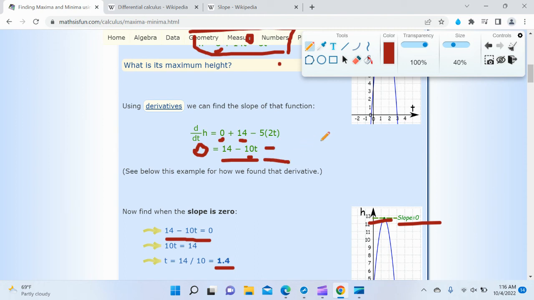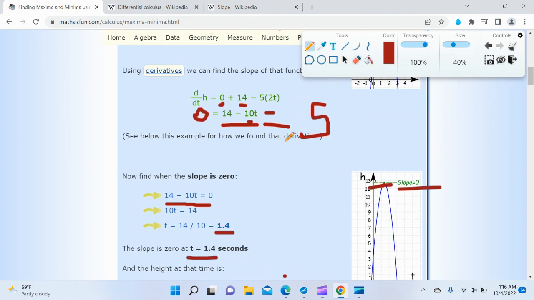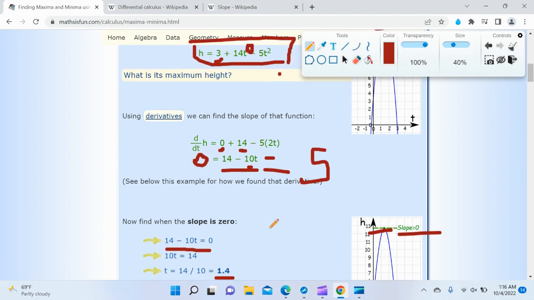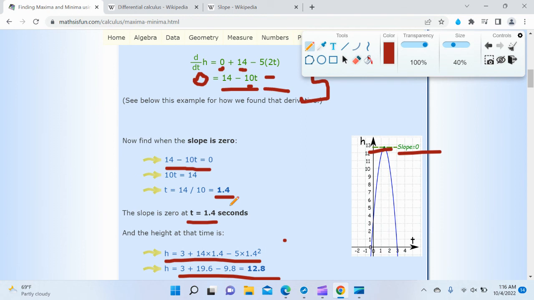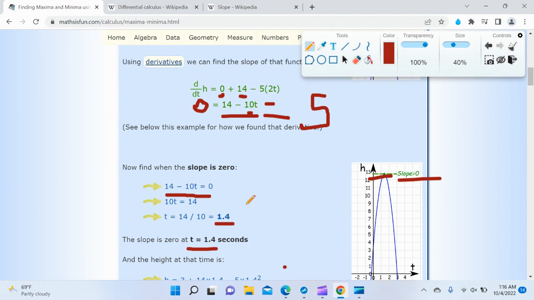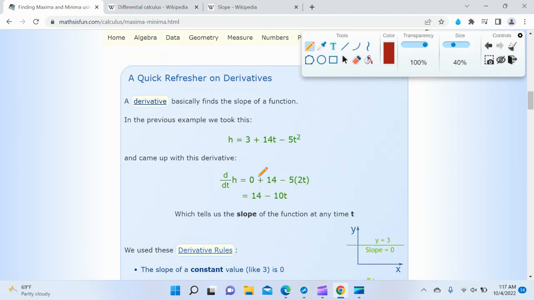So this is our slope, and we know the slope is equal to 0. So whatever value of t we get where the slope is 0, that is for the maximum height. So we'll put the value of t and we'll get the maximum height.